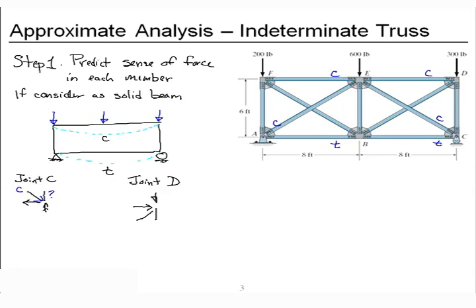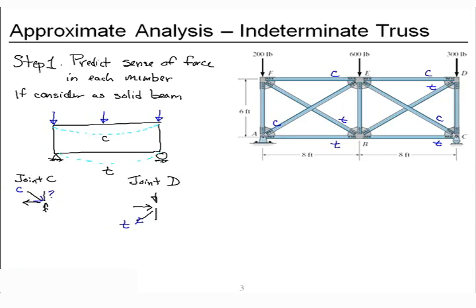Okay, again, let's consider horizontal equilibrium. Only two members have horizontal contributions. DE is going to the right, so BD has got to be to the left, which means my diagonal is in tension. And we'll predict that this one will also be in tension.